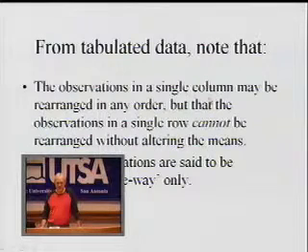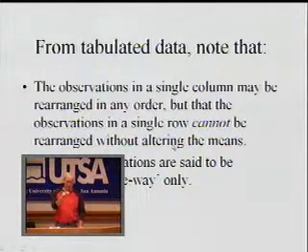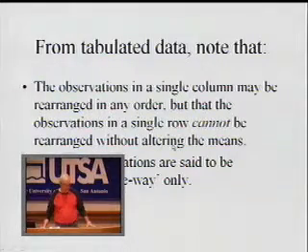So the observations in a single column may be rearranged in any order, as I said, but the observations in a single row cannot be rearranged without altering the means. So you can't take a data point from one row and move it 3 rows down because it would change the means.